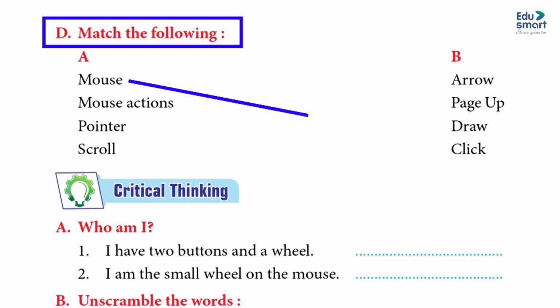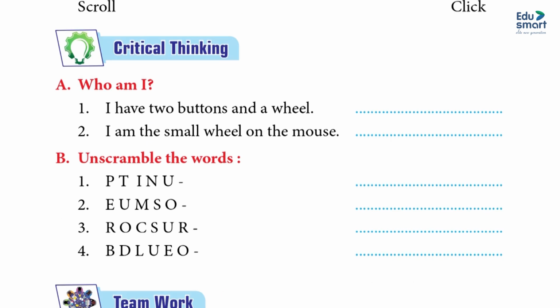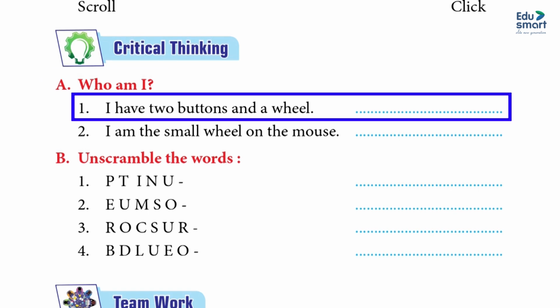D. Match the following. Match mouse with click. Match mouse actions with draw. Match pointer with arrow. Match scroll with page up. Critical thinking. A. Who am I? 1. I have 2 buttons and a wheel.